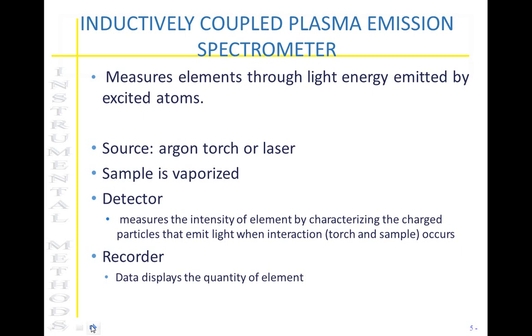The detector is going to measure the intensity of the element by characterizing the charged particles that emit light when the interaction between that torch and the sample occurs. And then your data is going to display the quantity of that element present.